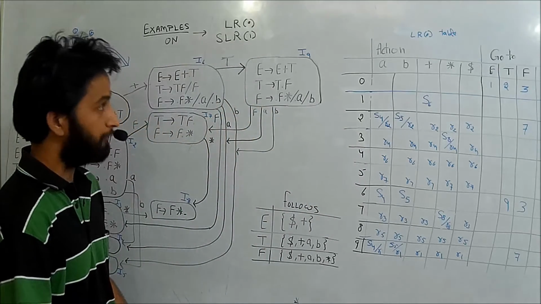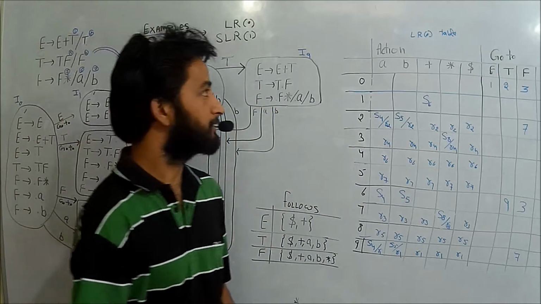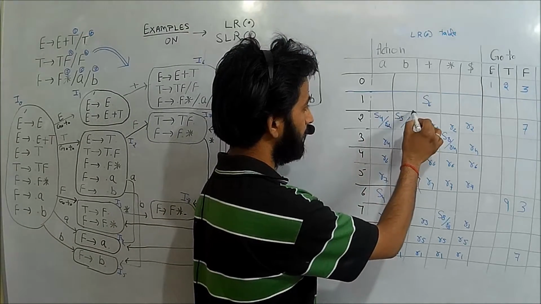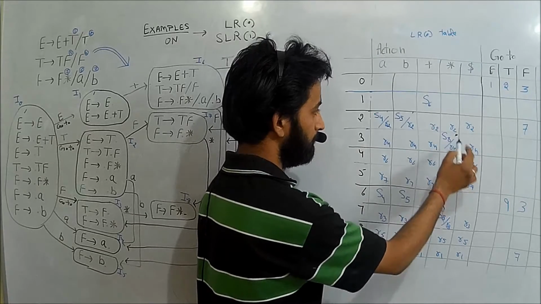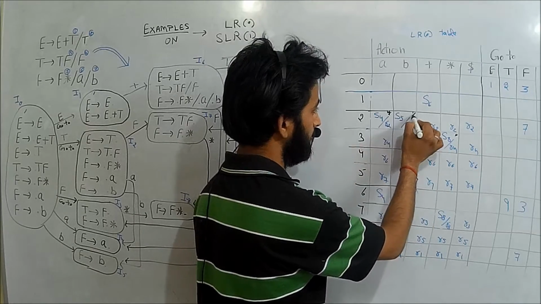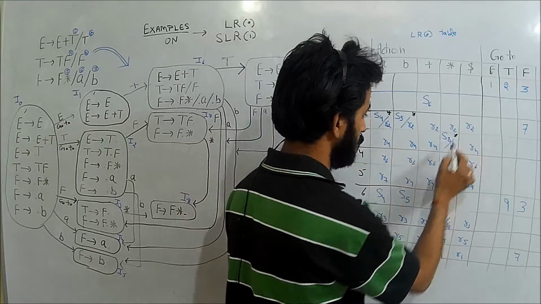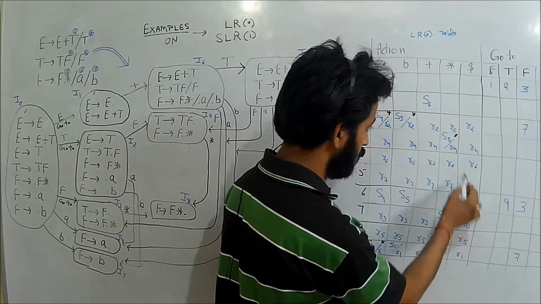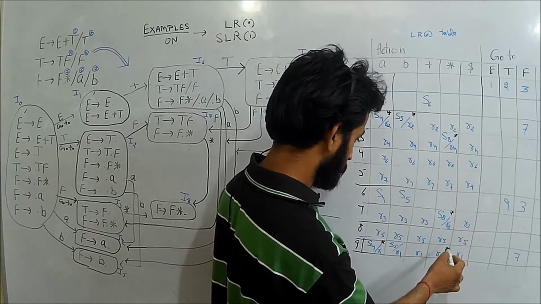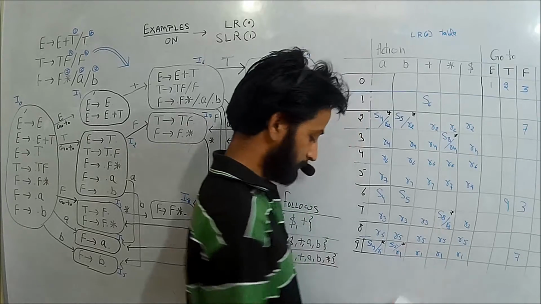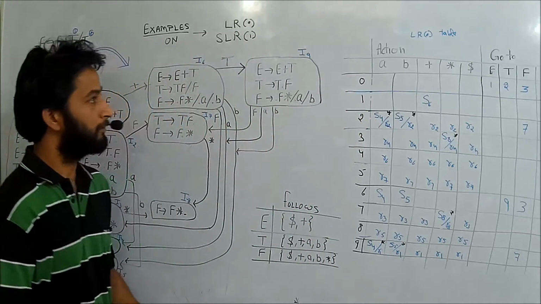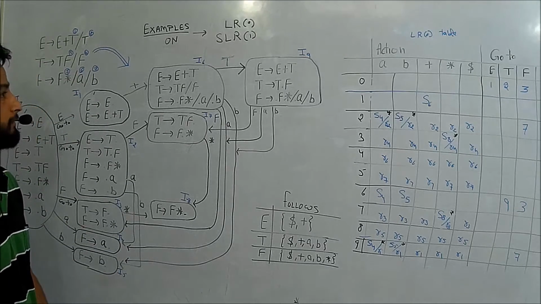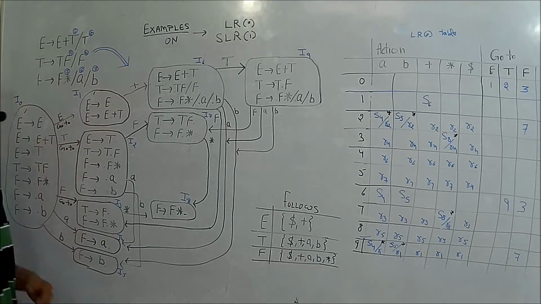Okay, so after designing this LR0 parsing table, we have seen that there are conflicts. I am marking them with slash star. There are also conflicts here. All these are the possible conflicts in the table. So after seeing these conflicts, we can say that the grammar is not LR0 grammar.